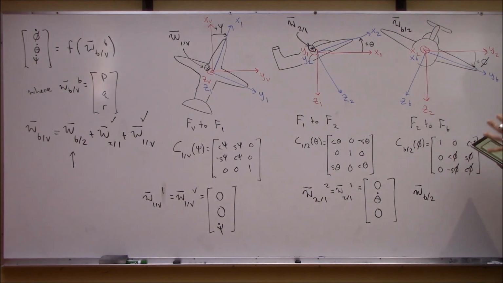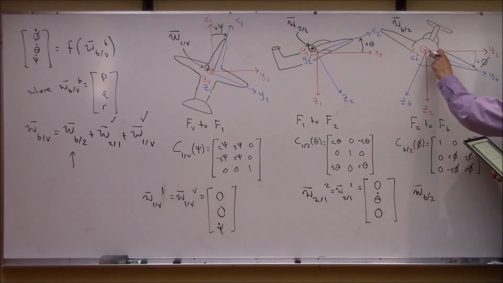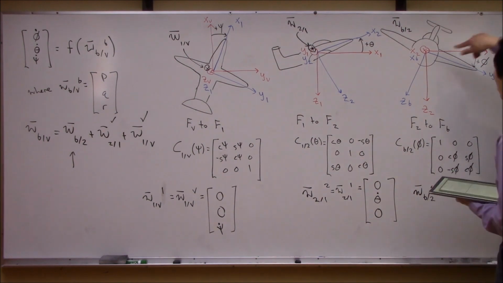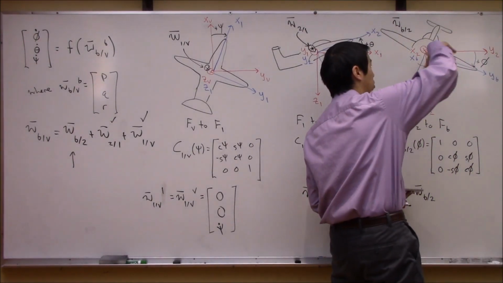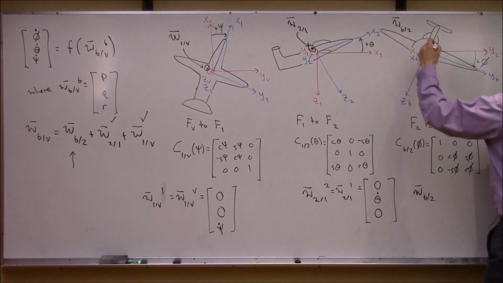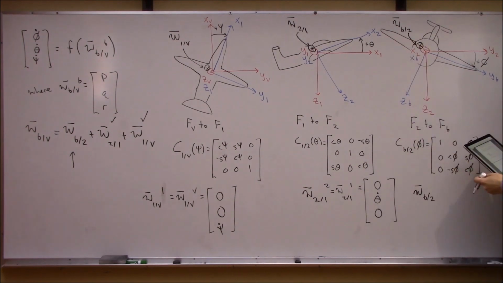Again, we just use the definition of the Euler angle rotation sequence and how the two frame and the body frame are defined. They share a common x-axis. So we see that this is going into the board. Positive x is going into the board, you have y coming that way, and z going down to make a right-handed coordinate system. So here is where that vector is if I wanted to draw it. It's into the board, aligned with the x-axis, and its length is proportional to how fast the body frame is rotating with respect to the two frame, or proportional to phi dot.